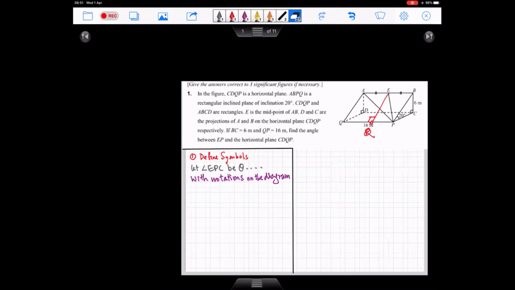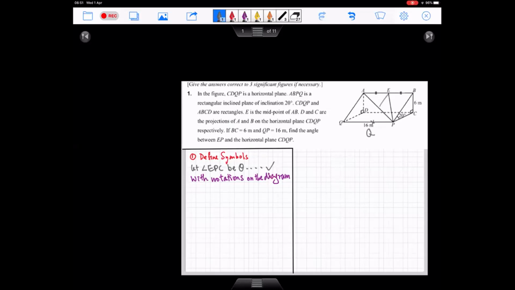Or the proper way is to do it in writing. Write down all the symbols that you define in the description. Or you can do it on the diagram, but by saying with the notations on the diagram, you activate all the markings on the diagram.